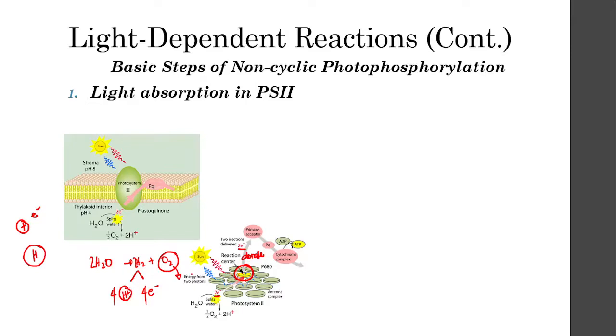So again, the reaction center needs its electron replenished because it donates its electron after it receives energy from the sun as the pigments transfer that energy. So you have to split your H2O.